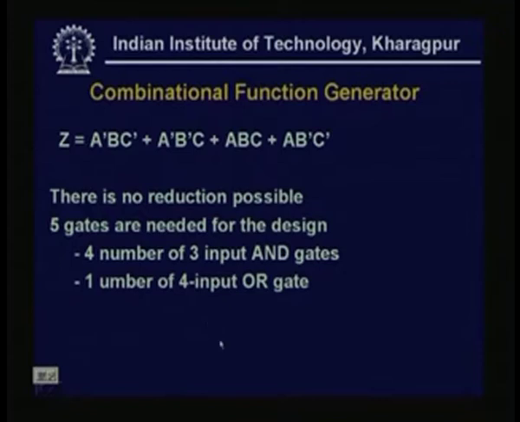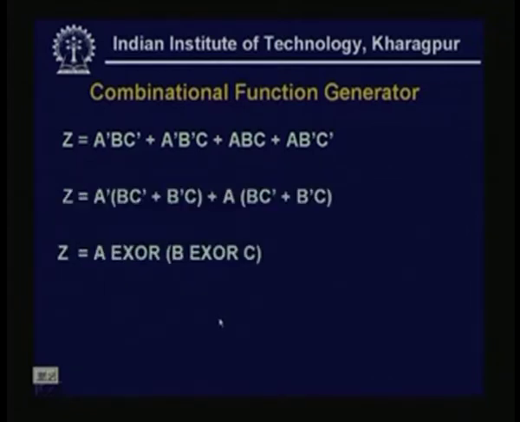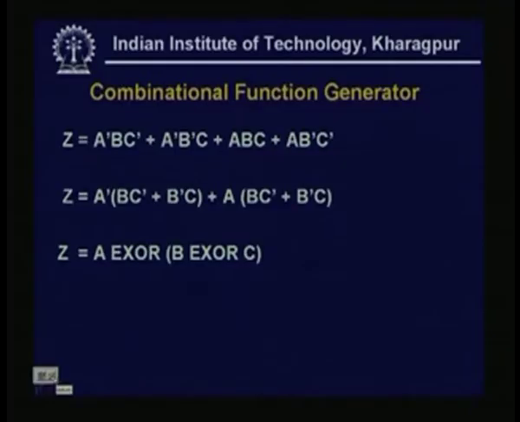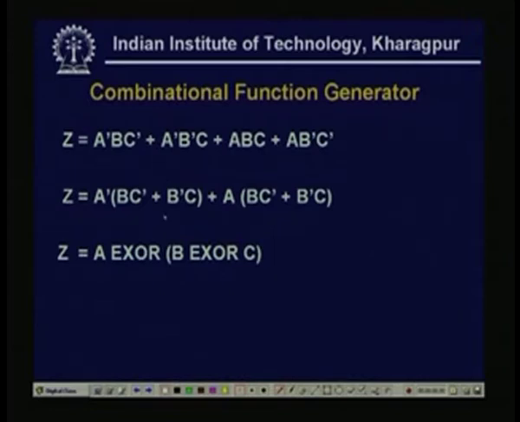Now, we have already seen from the Karnaugh map that no reduction was possible, but we can still realize the circuit, because now we are discussing how expressions or functions are realized by gates. Even though reduction is not possible, in this particular expression I can take some common literals.